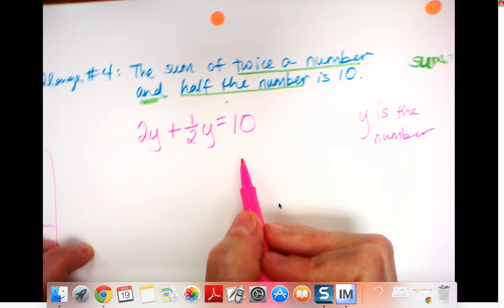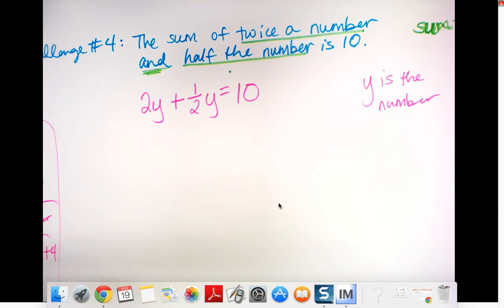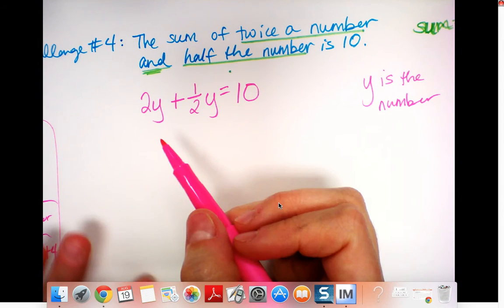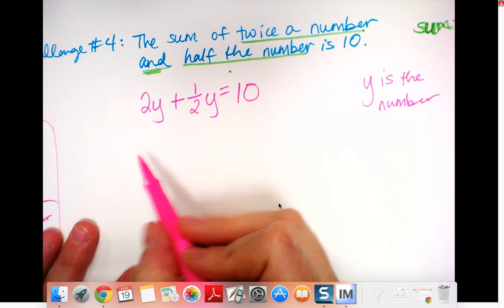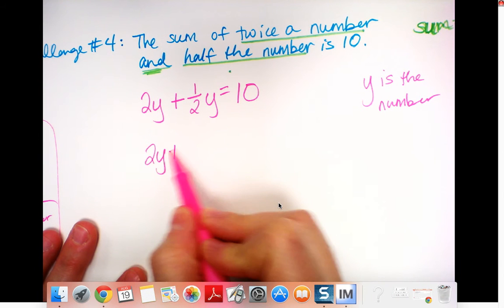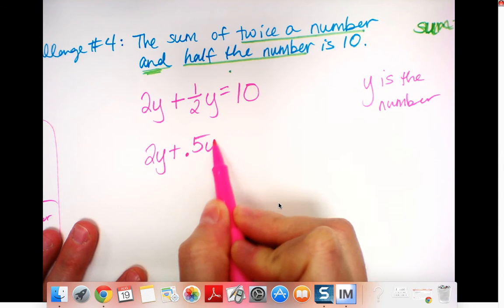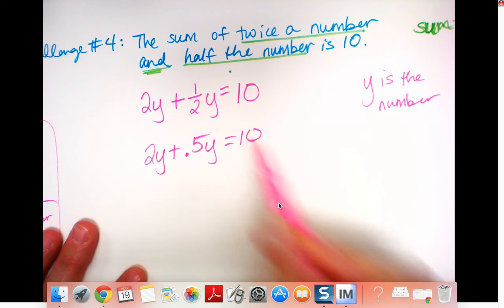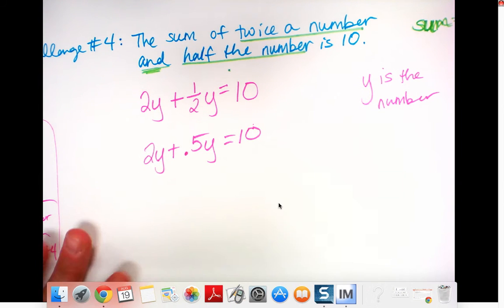Now, some other ways that my students came up with writing this one, here's another way. They used the decimal form of half to show that that is half the number.